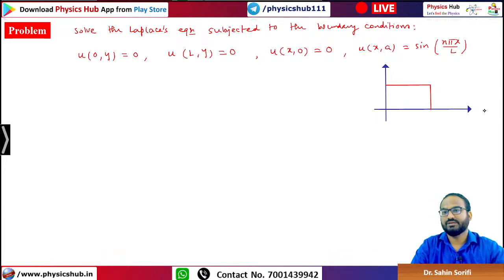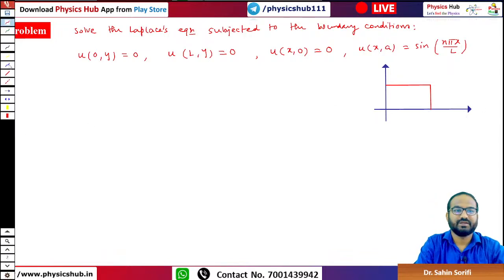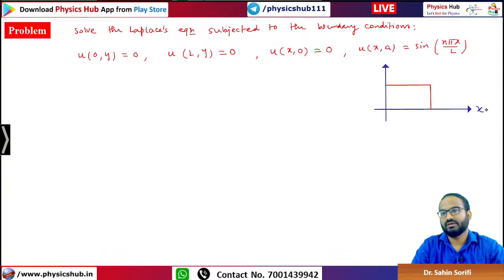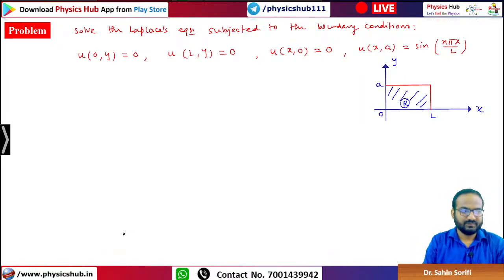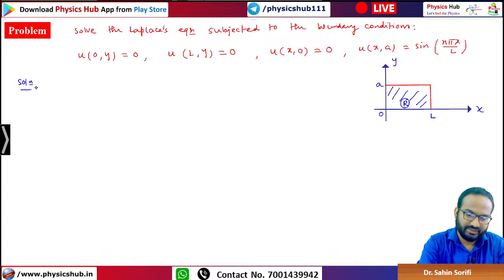So this is the scenario. We have the origin (0, 0), this is, let's say, L, and this is a. So this is the region R. So for this we can start with the solution. Everything all right?